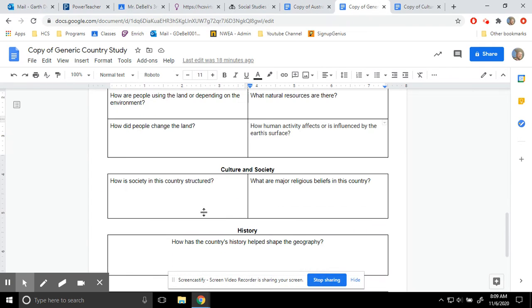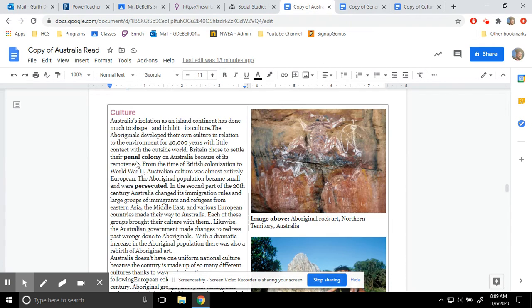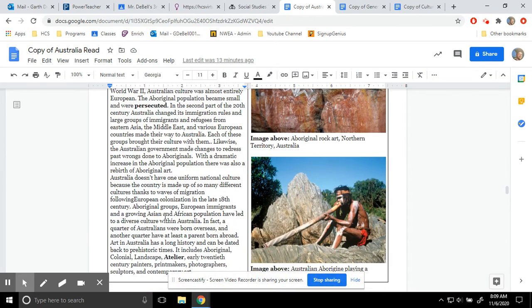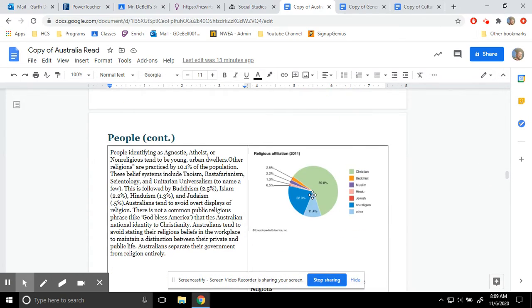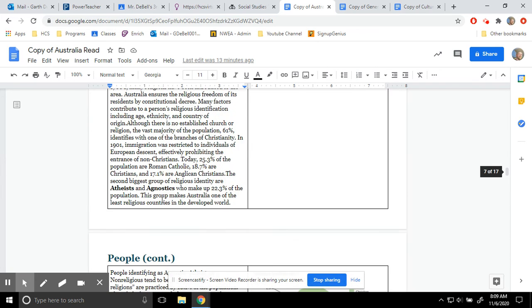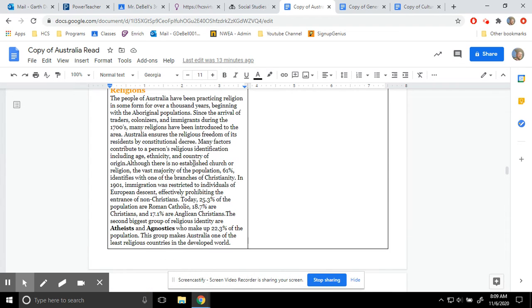All right, so if we're trying to figure out how society is structured, it's not just found in one place, right? So you need to read the section on religion. Let's look. Most of religion is considered other, all right? Let's see what it says here. All right.